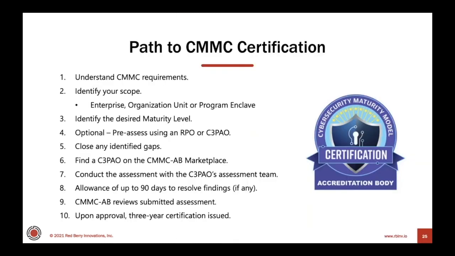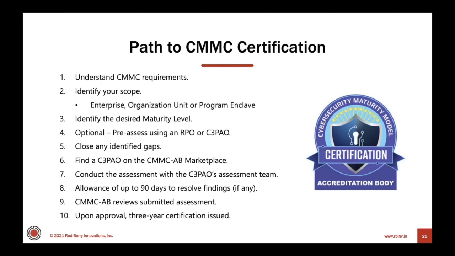So let's talk about what the path to CMMC certification looks like. First, all organizations need to understand the CMMC requirements. Identify the scope within your organization of what is going to fall under the CMMC requirements for future contracts. Identify the desired maturity level. And an optional step for number 4 is to pre-assess and use an RPO or C3PAO.